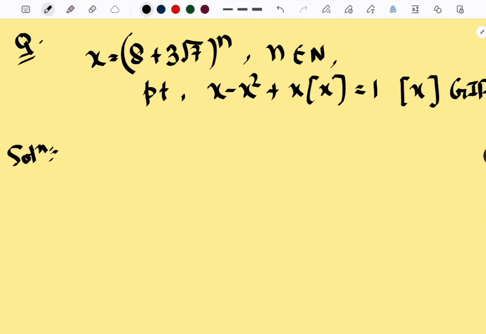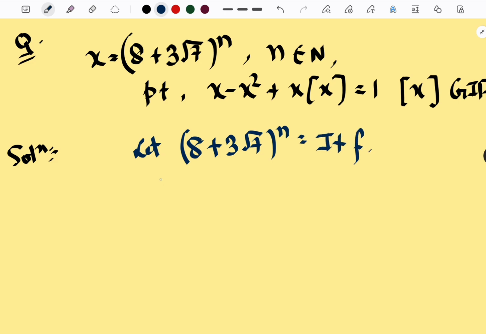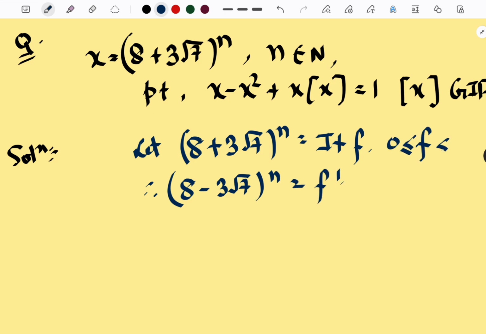So how do we prove it? Now again, x is given as (8 plus 3 root 7) to the power n. Now we'll say let (8 plus 3 root 7) to the power n be equal to I plus F. Therefore (8 minus 3 root 7) to the power n is equal to F dash, where F is from 0 to 1, so F dash will obviously be from 0 to 1.